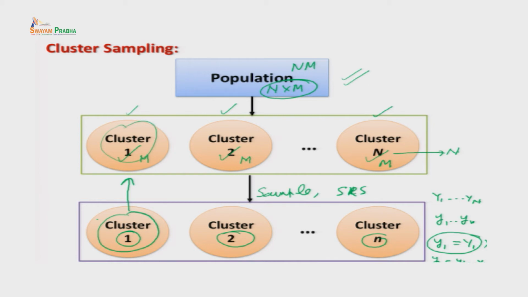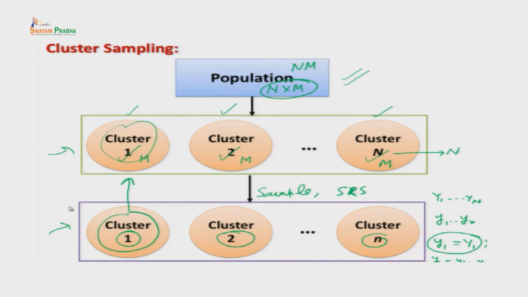I have not changed the color of the clusters, because we are going to take the entire cluster in my sample. If I had a sampling scheme where we were trying to draw a smaller number of units from the larger sample, then possibly I could indicate it by a different color. But here I have no choice except to use the same color or even the same size of circles to denote the cluster. Right. Okay.